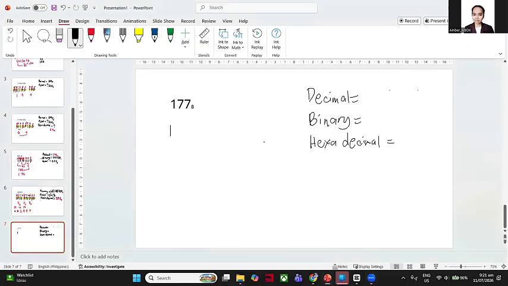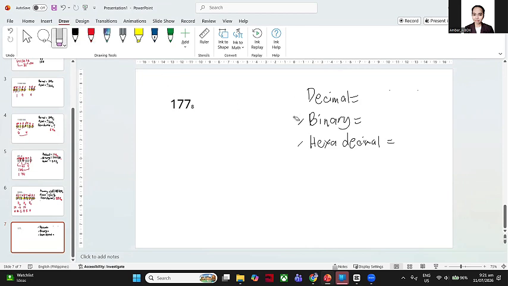Okay. So today we are going to have another example for an octal. For this, we have 177 to the octal power. So we are going to find the decimal, the binary, and the hexadecimal.